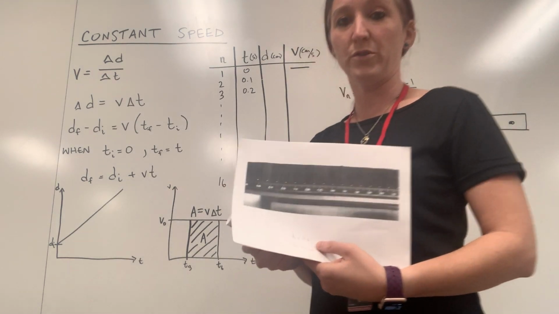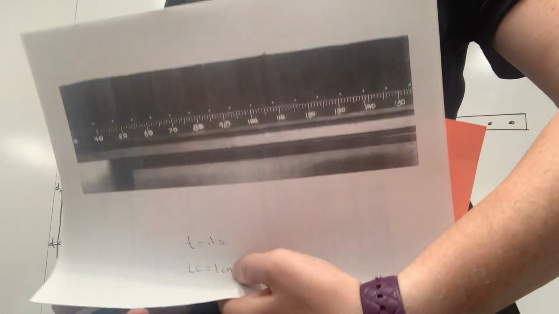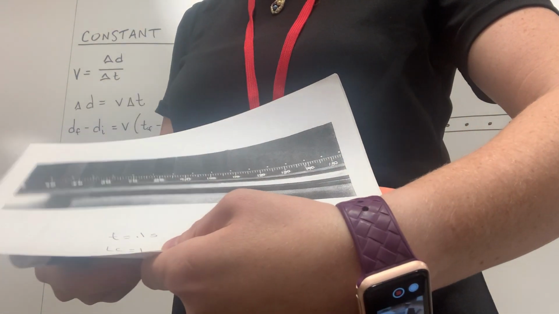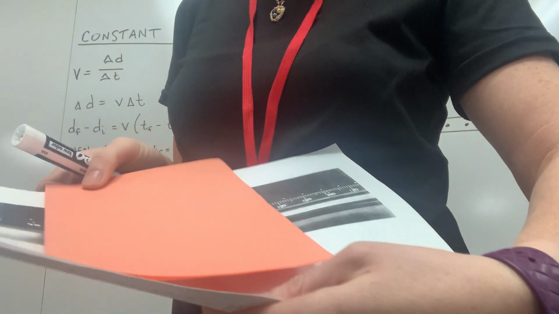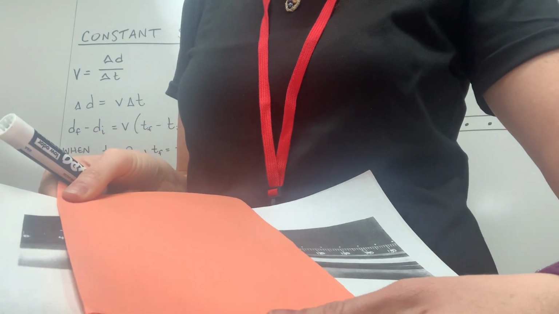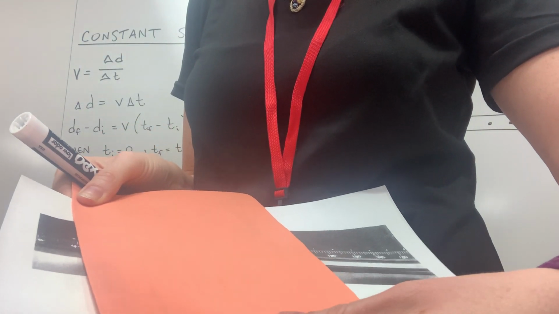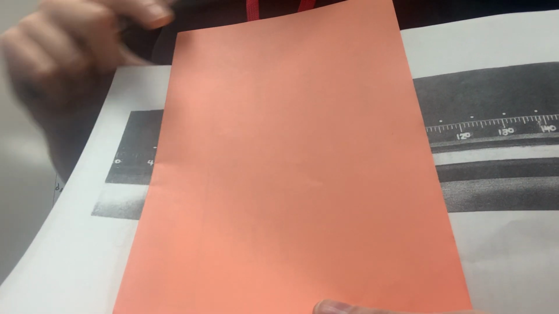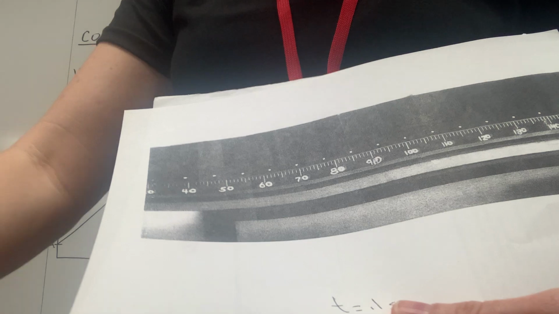So what you will do, you will take this photograph, either print it up or even on your computer. You are going to line up vertically with each dot and take a reading. So you see this first dot right here. You can use a ruler, you can use a piece of paper.